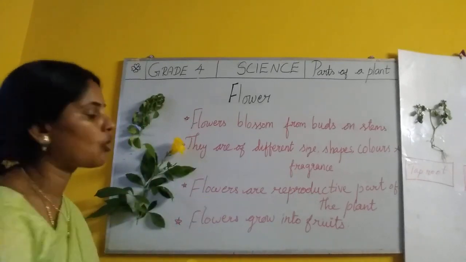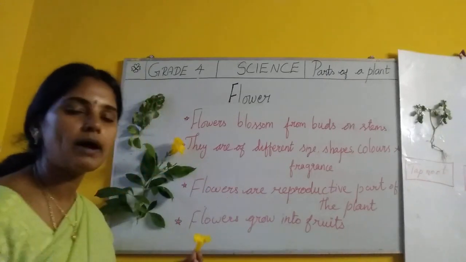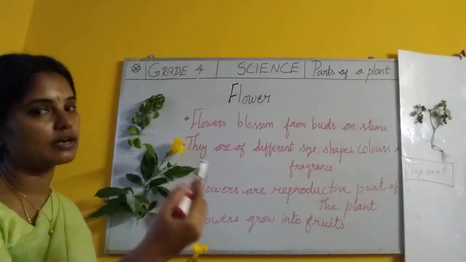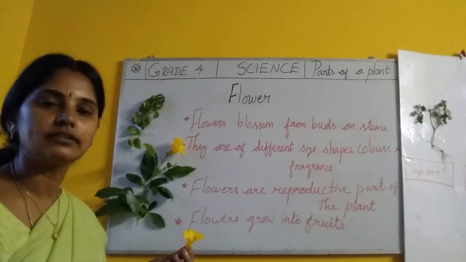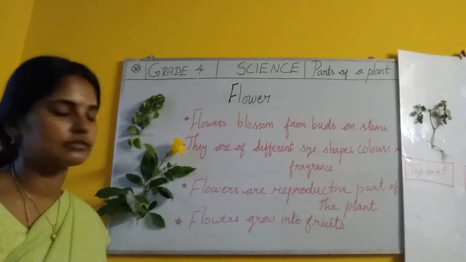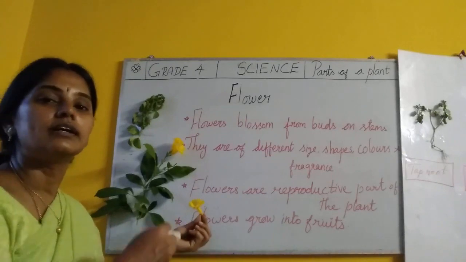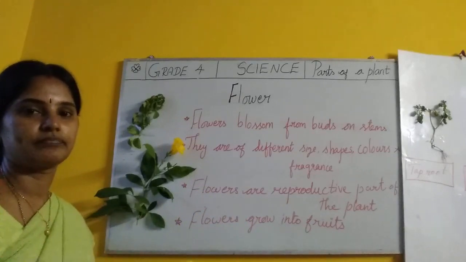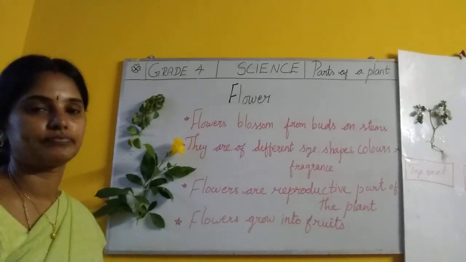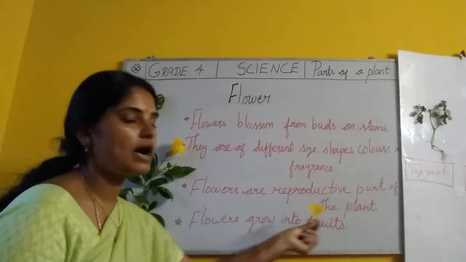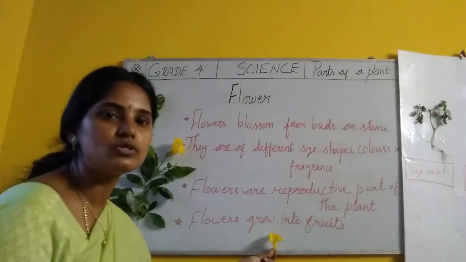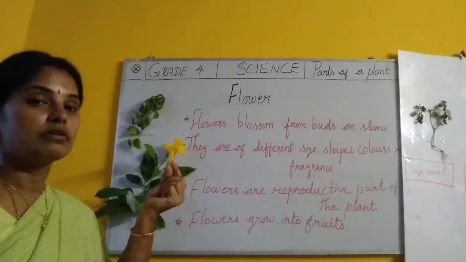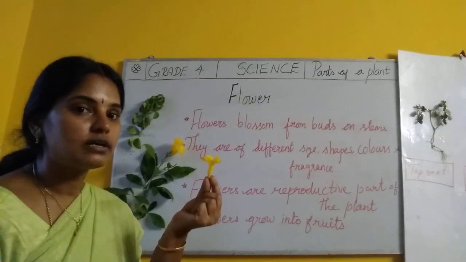That's why we call flowers the reproductive part. Flowers turn into young fruit, the fruit ripens, the seed is inside the fruit, and the seed sprouts again as a plant. Flowers are the reproductive part of the plant because flowers grow into fruit. Clear, children? So next we are going to see fruits.